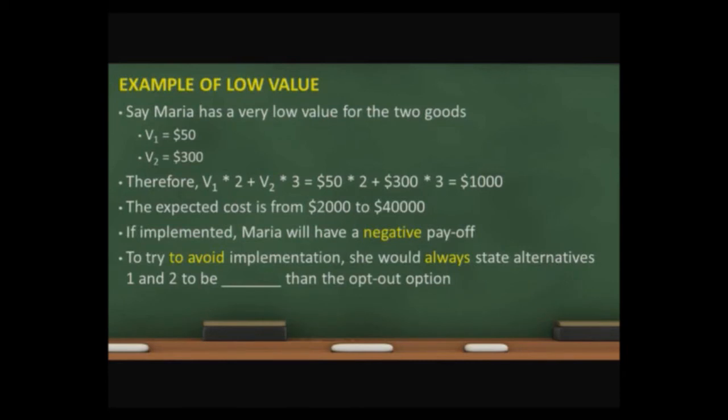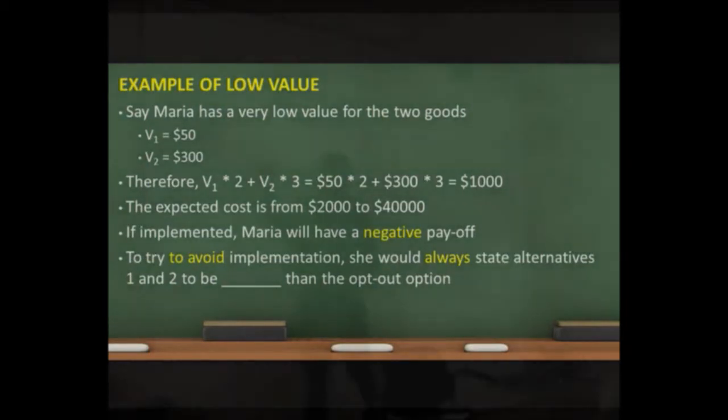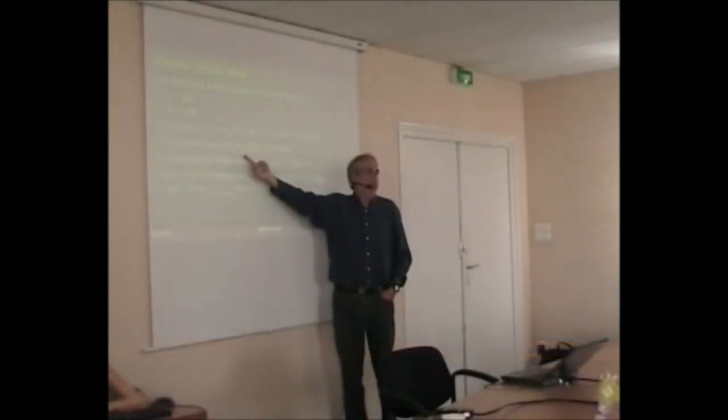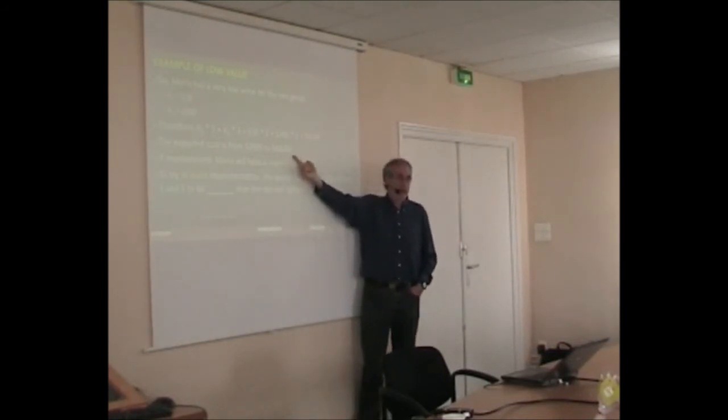If implemented, would be 2 units and 3 units. So if implemented, Maria would have a value of 1,000. That's the maximum willingness to pay if implemented. Okay. But when we draw, the cost will go between 2,000 and 40,000. I value 1,000. It will cost at least 2,000.